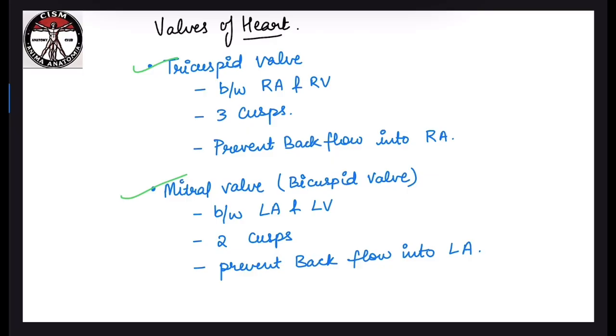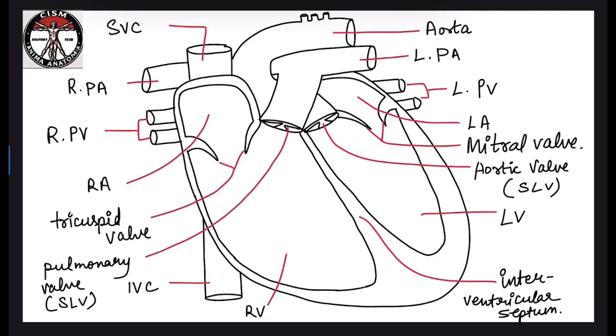So guys, now we will discuss all the important terms in the diagram. Here is a diagram. First, we will see the right atrium. Then there is the right ventricle, the left atrium and the left ventricle.